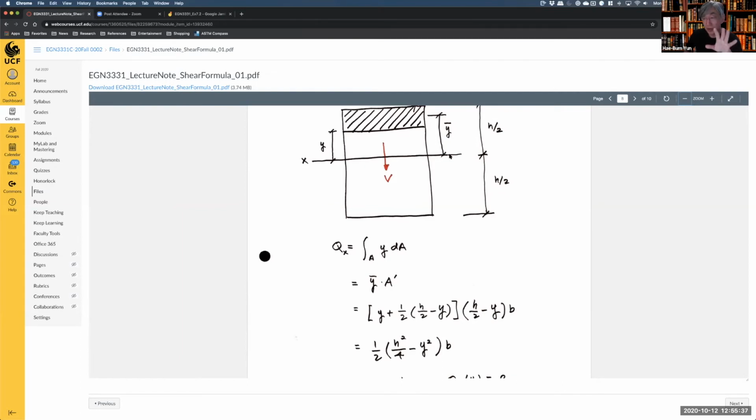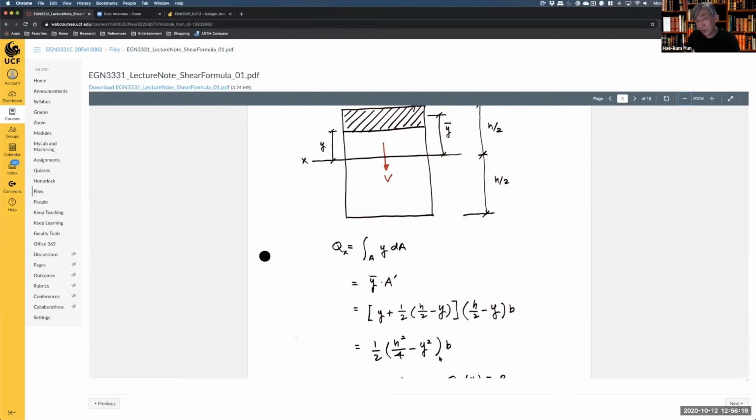And we see a very interesting thing. When we learned bending in chapter 6, we had a maximum bending stress at the top and bottom of the beam, and 0 bending stress at the middle, right? But shear is opposite. We have a maximum shear at the middle and 0 at the top and bottom. We can actually prove this mathematically from this formula.